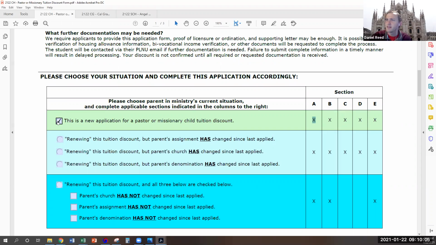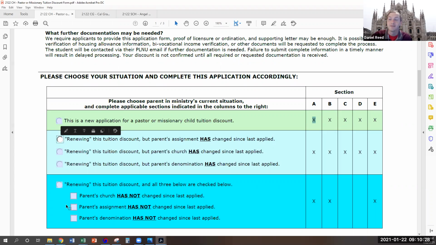So I'm clicking this, and then I know I need to fill out all of these sections, which follow after this. If this is not brand new, maybe I'm a returning student, I could say, okay, I am returning, but nothing really has changed. So I could say, I am renewing this discount.